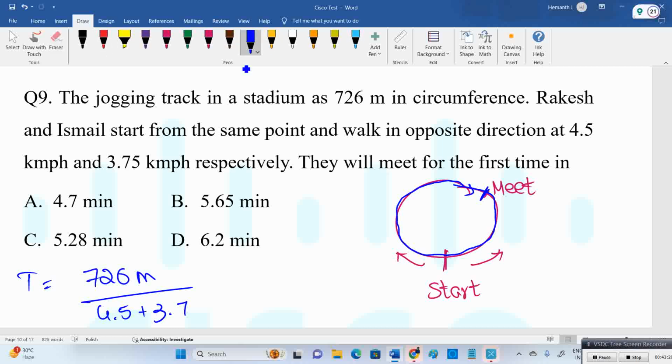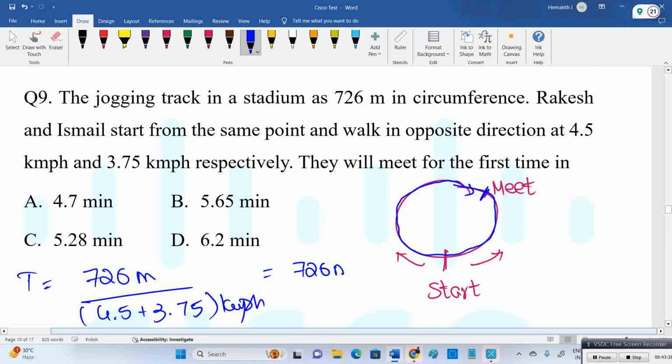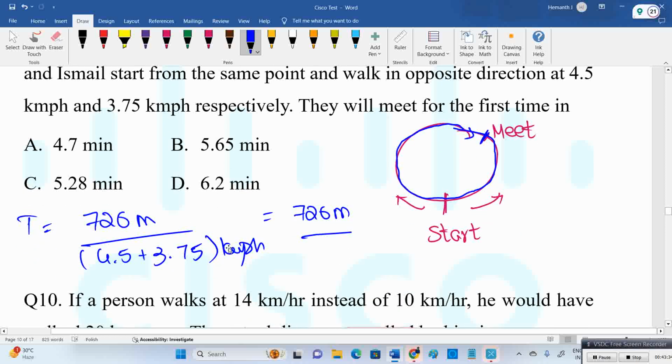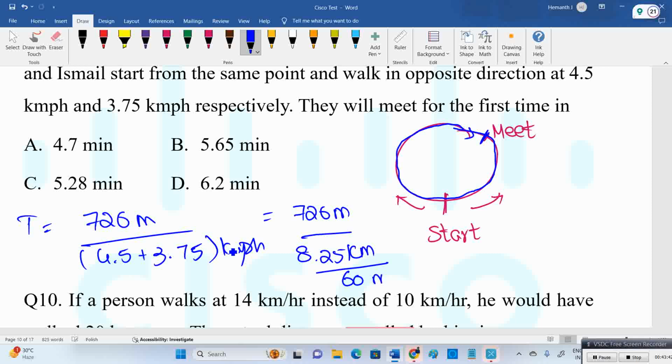Opposite direction, right? We have to add, for sure. So numerator 726 meters, denominator 8.25 kilometers per hour, per 60 minutes.